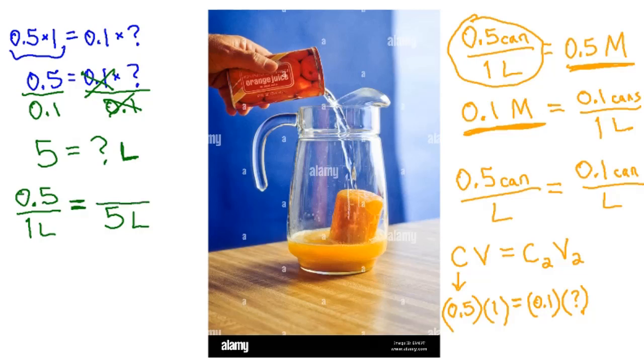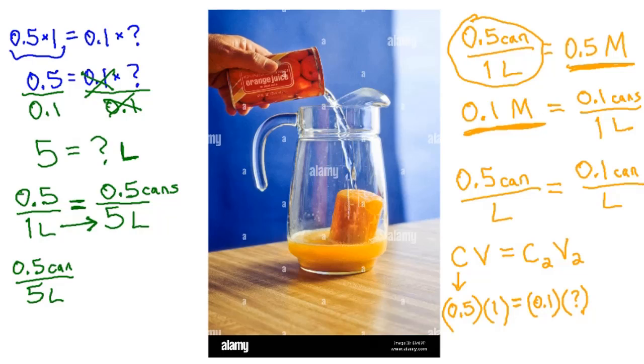But you still have that half a can, that 0.5 cans in the orange juice, but you've added enough water to make 5 liters, and you just diluted it down. So you made more orange juice. So now you have 0.5 cans, half a can, in 5 liters of water.